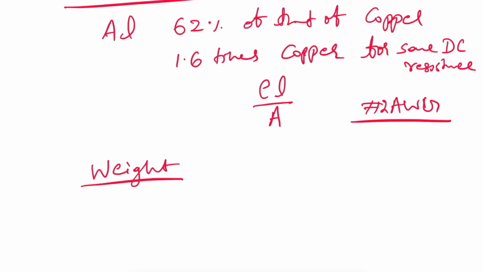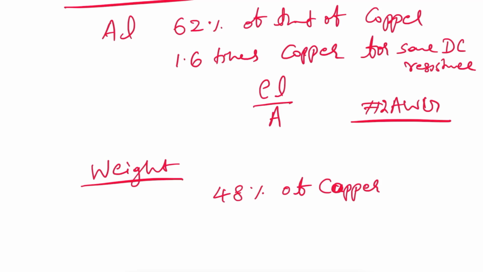For the same equivalent DC resistance, the weight of the aluminum is just around 48% of copper. So much less in the weight, and it's very important for overhead lines actually.